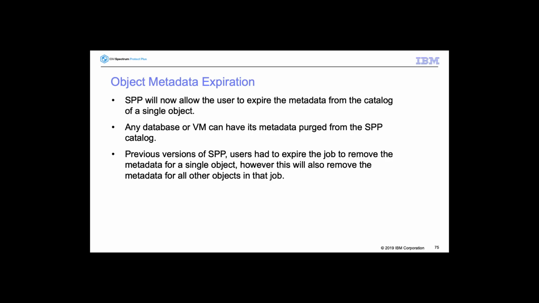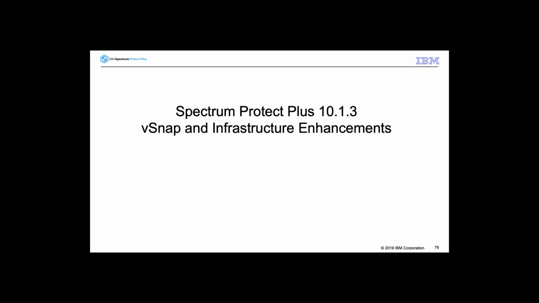You might want to only expire some of the VMs associated with a particular SLA or a particular run of an SLA. And SPP will now allow you to expire the metadata from the catalog of a single object. And you can do that with a database or a VM, which was not possible in previous versions of SPP, and that will essentially remove that run object.